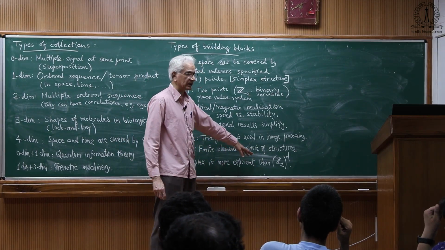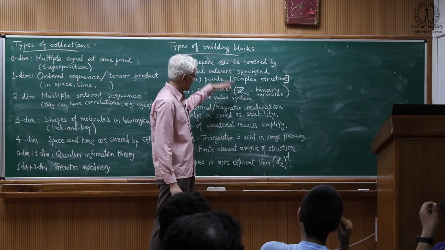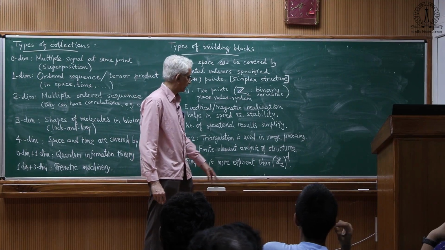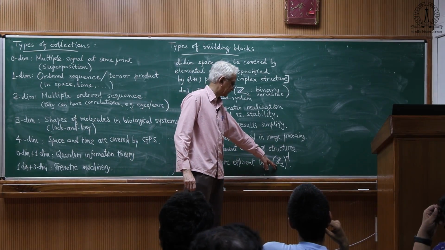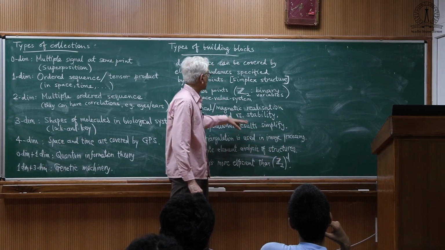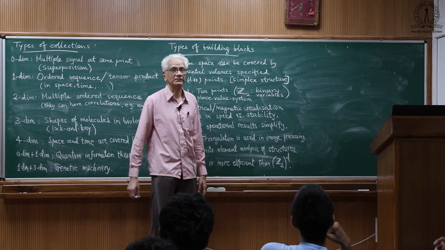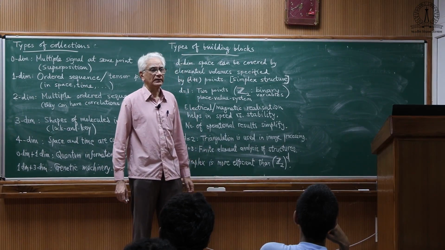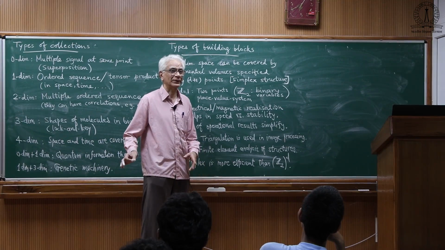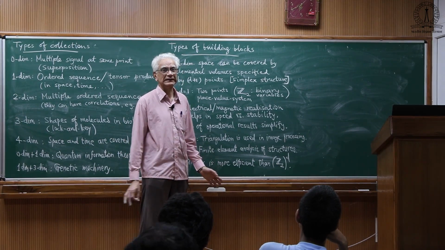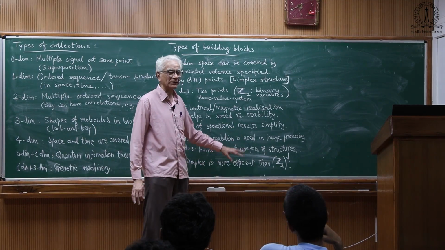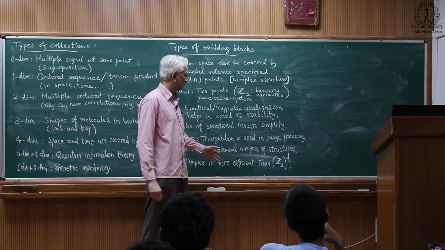On the other hand, the simplex requires only d plus 1 points. There is a lot of difference between d plus 1 variables and 2 to the power d variables when d is large, and so the simplex is actually much more efficient.